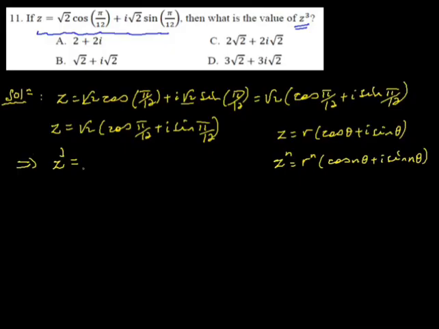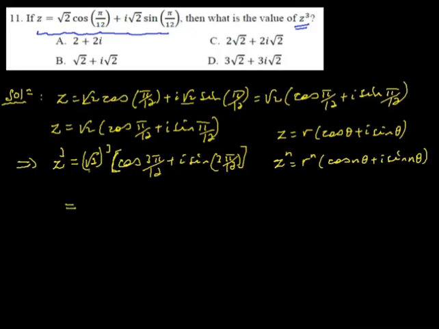So z cube is equal to radical 2 to the power of 3 times cosine of 3 pi over 12 plus i times sine of 3 pi over 12. Okay, this is the other form of z cube.